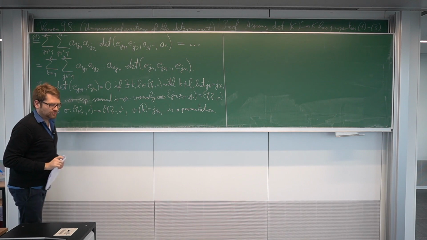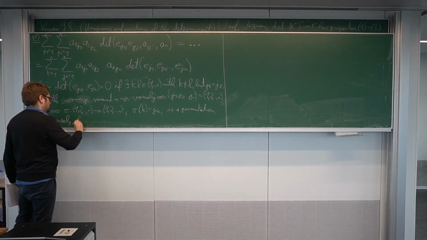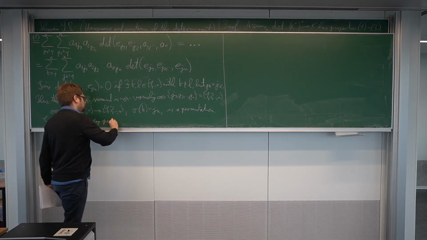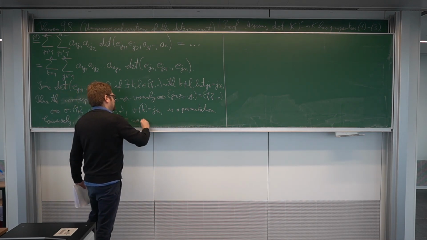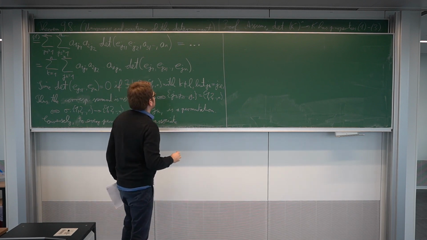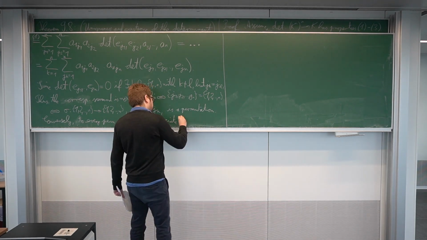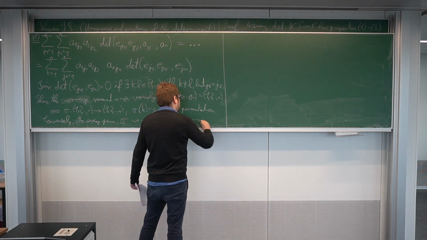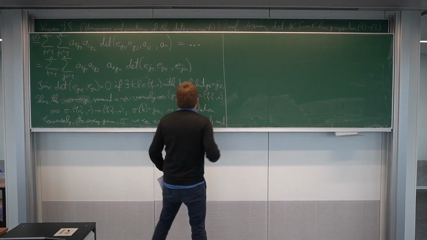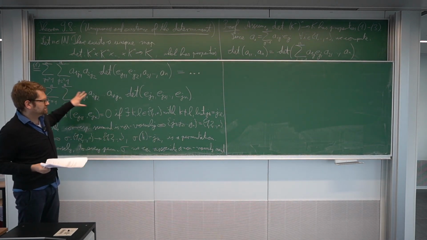And also, conversely, to every permutation sigma, we can associate some combination of indices by putting j1 to be sigma of 1, j2 to be sigma of 2, and so on. So we can associate a non-vanishing summand. So instead of having this index notation, this is precisely the same as expressing this via permutations.